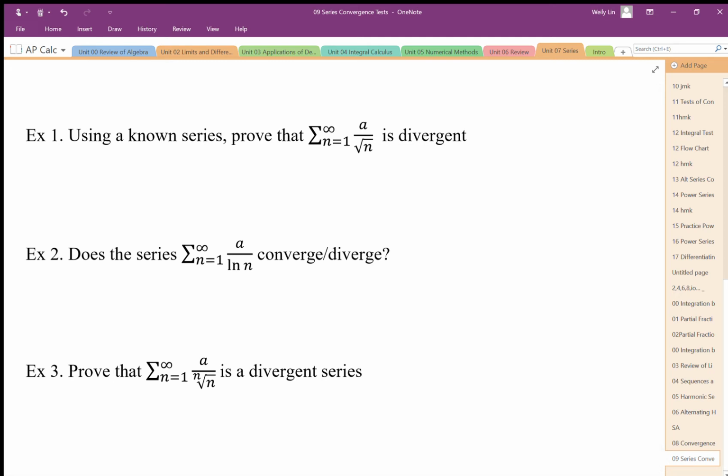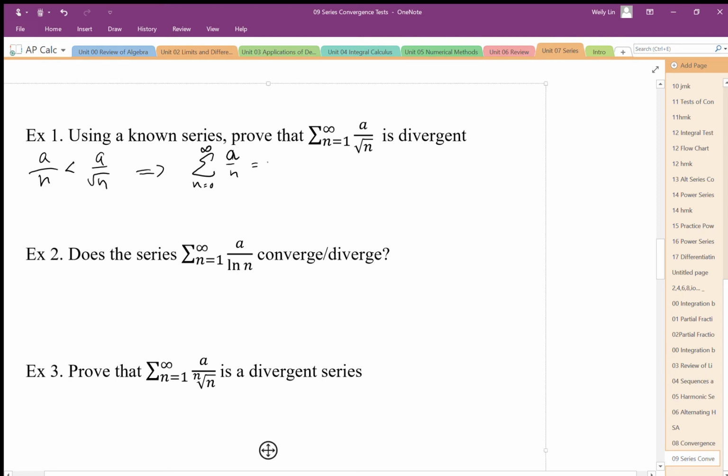So what we're going to do is this. We know that a over n is always going to be less than a over root n, for all n values. So because the sum of a over n, as n goes from 0 to infinity, is divergent, we know that this is infinite.